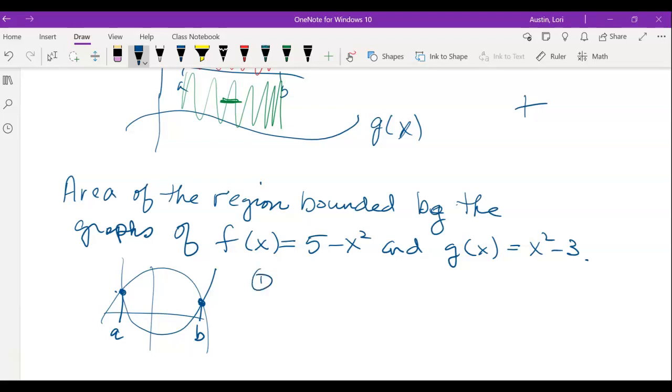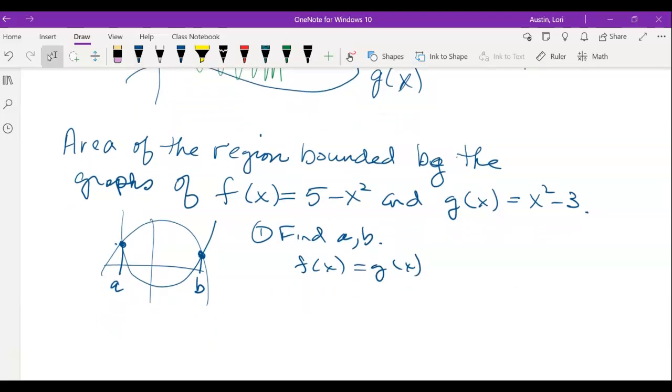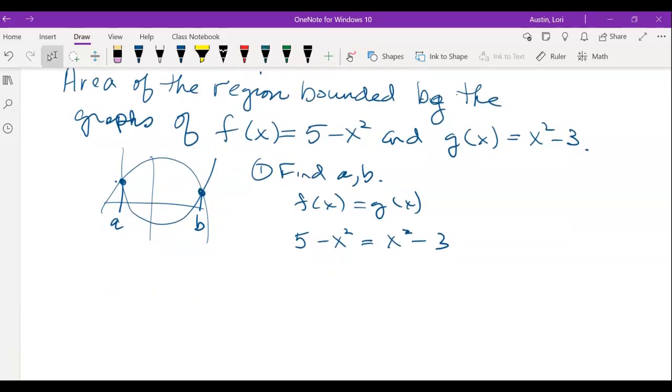So, 1, find A and B. Set f of x equal to g of x. Where do they cross each other? We only need the A and B values, so we only need the x value. 5 minus x squared, okay, just solve it.